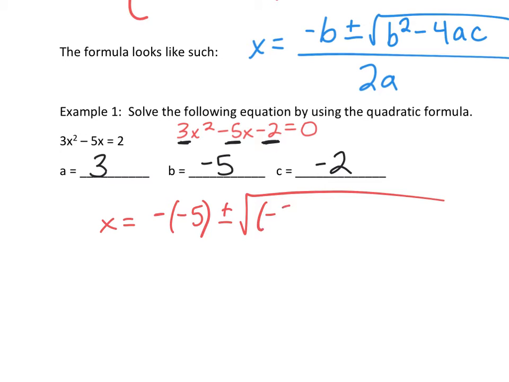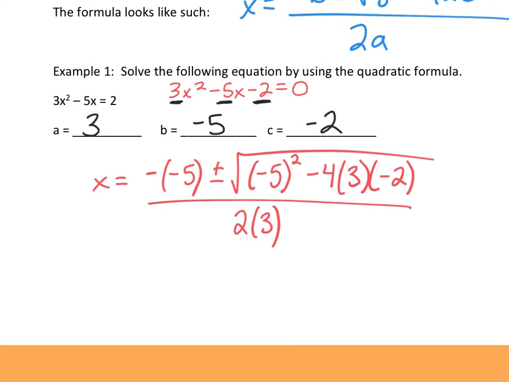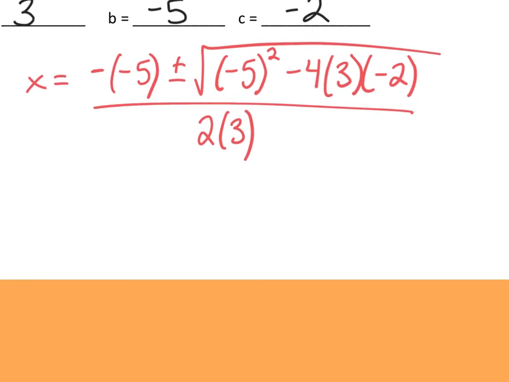So since it's negative 5 squared, I've got to put that negative 5 in parentheses because the whole thing is being squared. Minus 4 times a, which is 3, times c, which is negative 2. All over 2 times 3. Okay. Seems scary, right? No? Good.